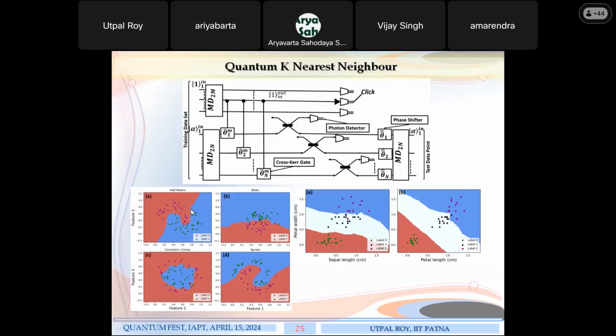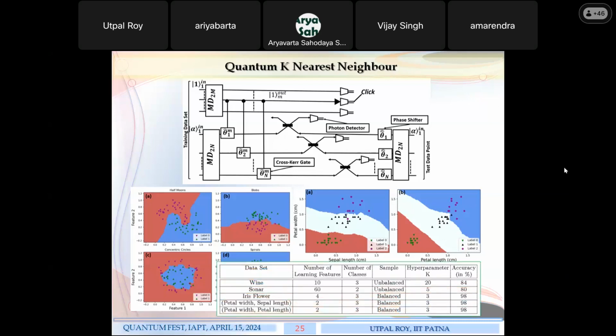You can see the boundaries which are separating different kinds of data, and this performance is carried out by the quantum circuit which is given here. So the quantum computer has many aspects. It's not only computing arithmetic and solving problems, but also a lot of other things which connect to society. So these are some percentages of accuracy and a lot of other parameters.